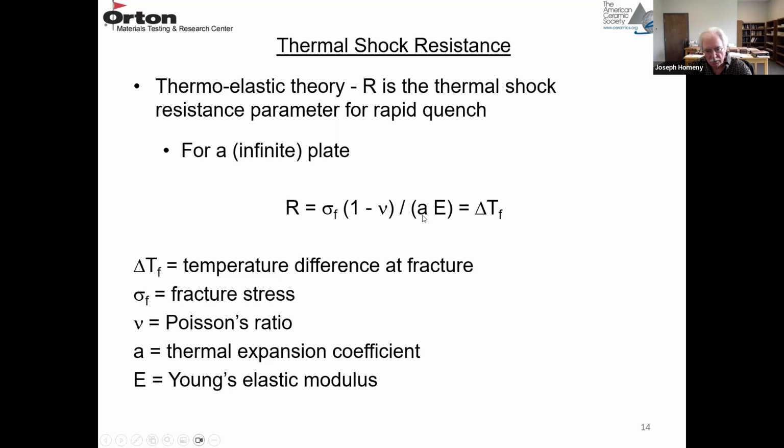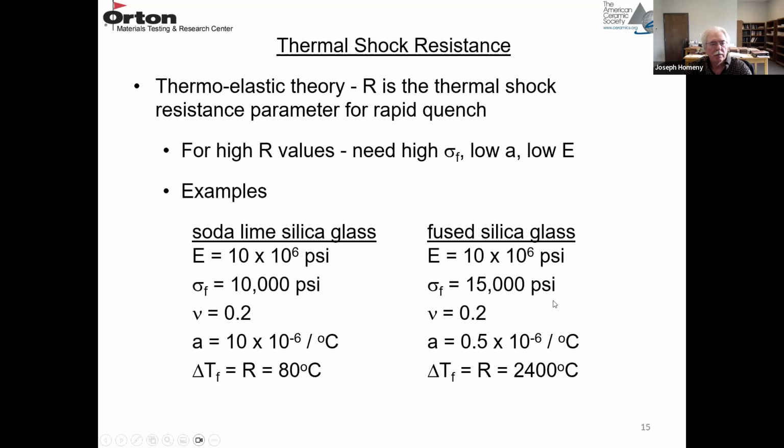What's really important is trying to make a really low thermal expansion material. So for high R values, you need high strength, low thermal expansion, and low modulus. But again, it's not always easy to make a high strength material with a low elastic modulus.